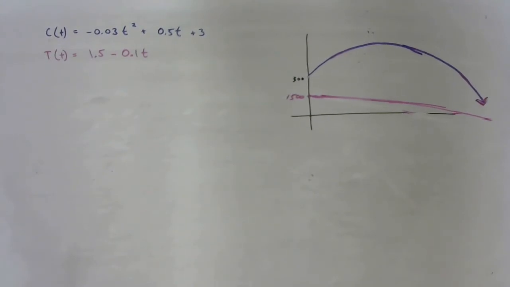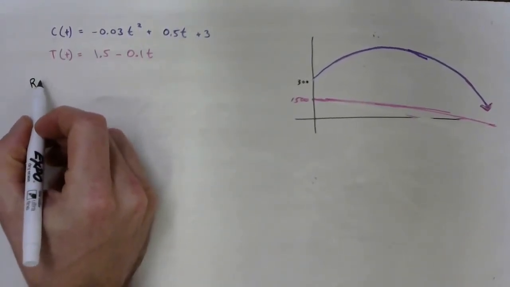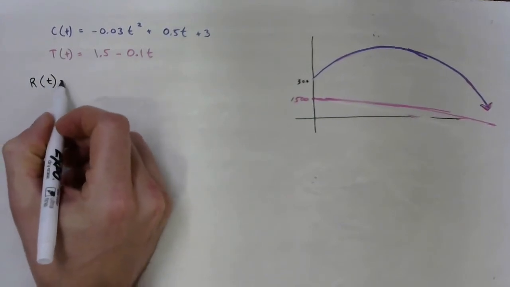The total revenue, R, from sales of CDs and cassette tapes together is modeled by this composite function. So now we're given a composite function for revenue as a function of time.